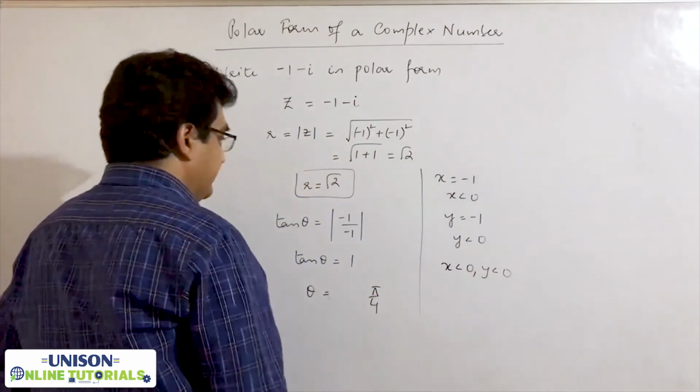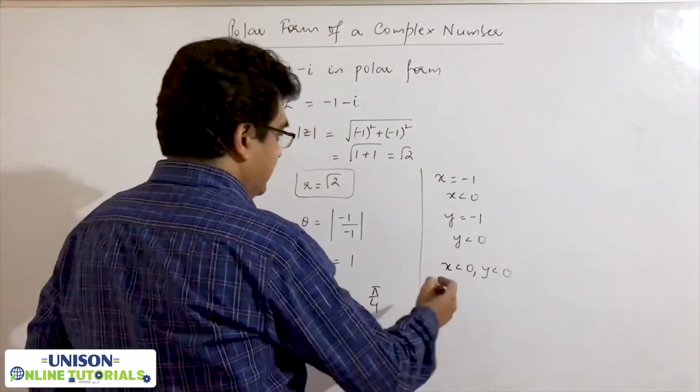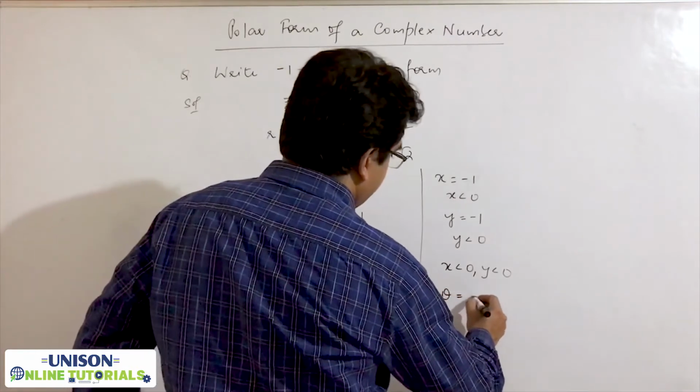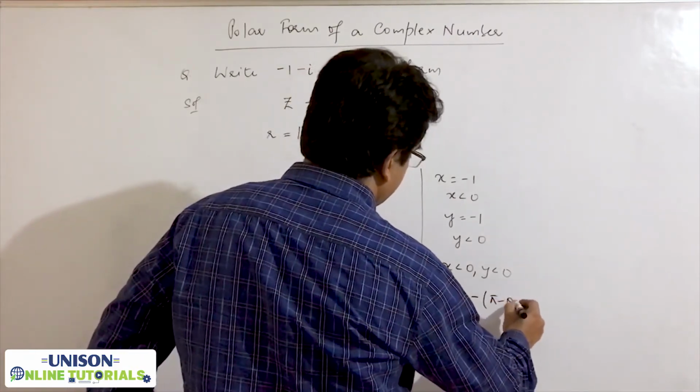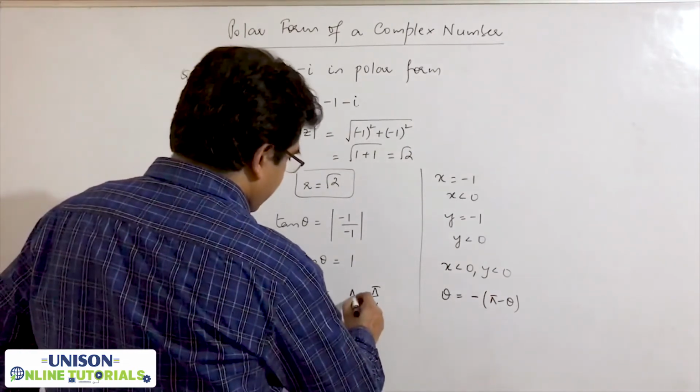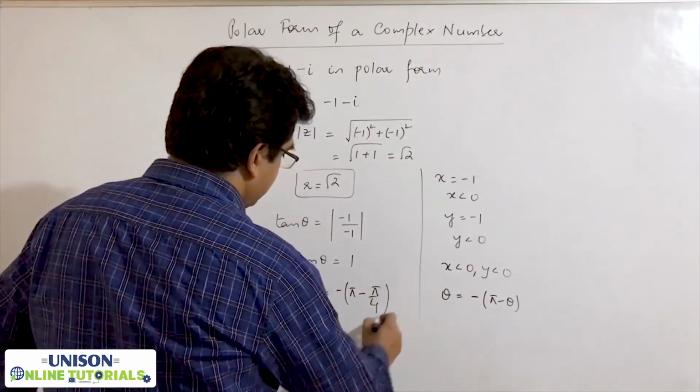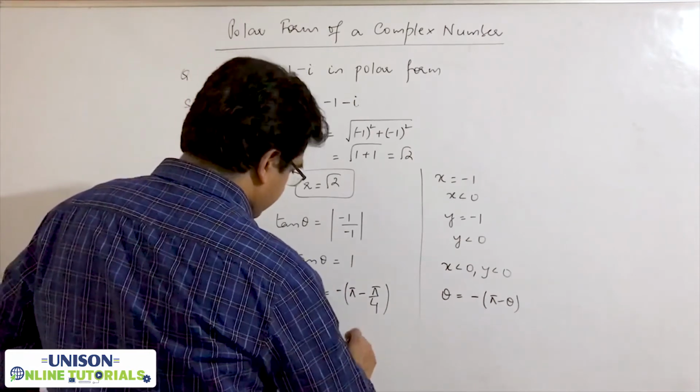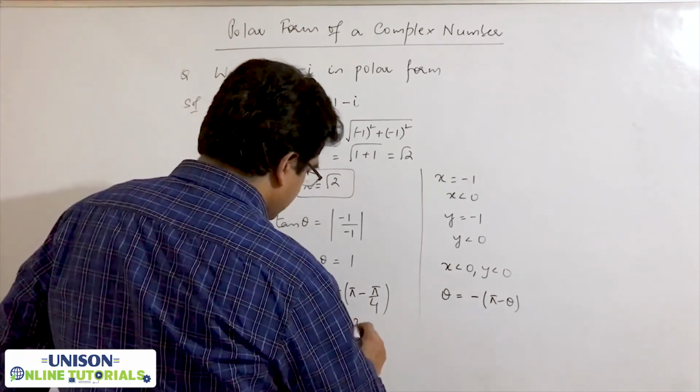When both are negative, when both are less than 0, then what was theta? Theta will be minus pi minus theta. So here theta came as pi by 4, so pi minus theta. So this will be the value of theta. It will be minus 3 pi by 4.